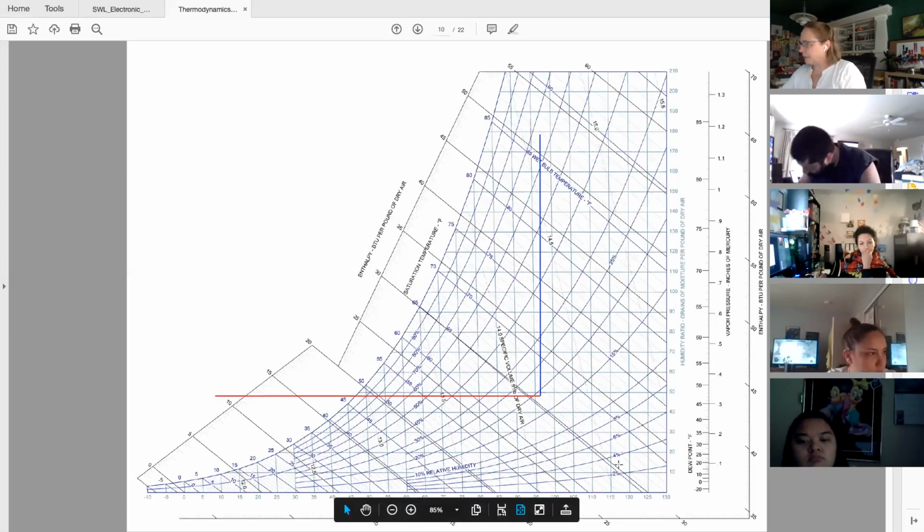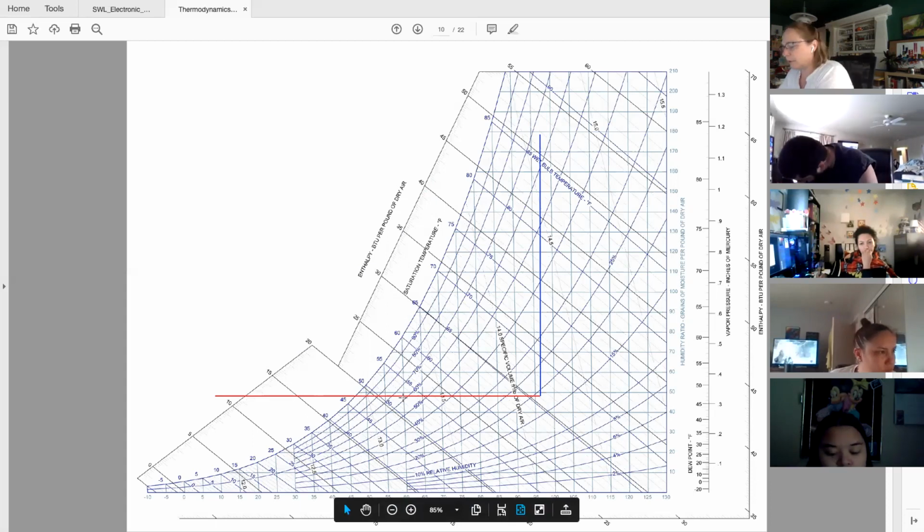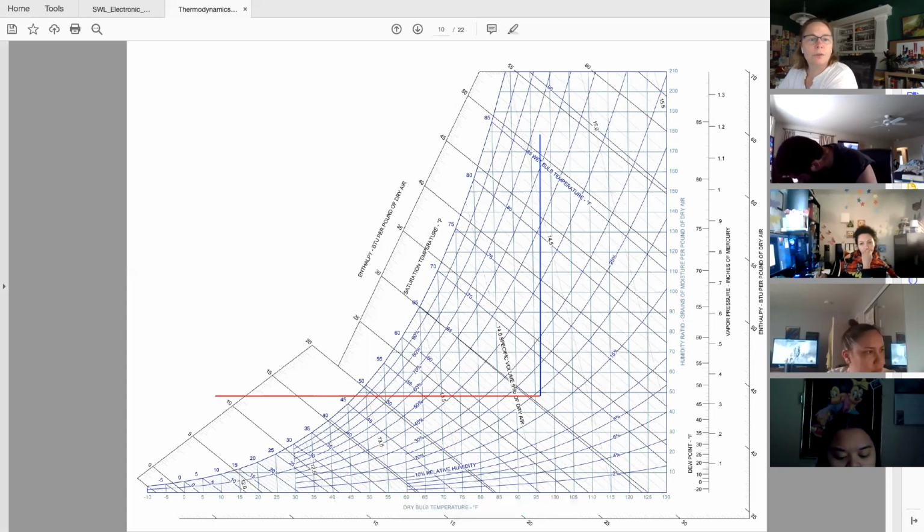Now, this is the full chart, and I get rid of those lines if I can. Erase. Awesome.